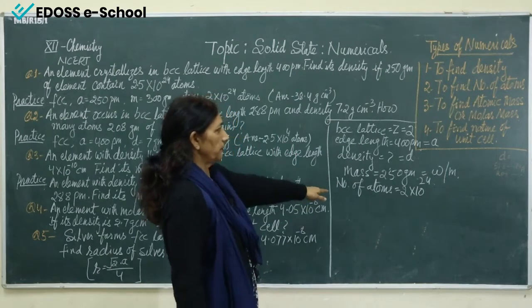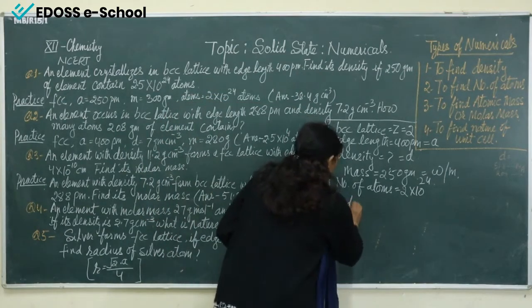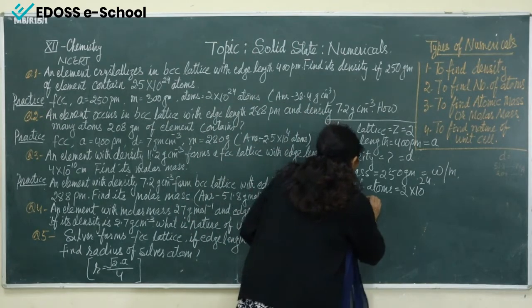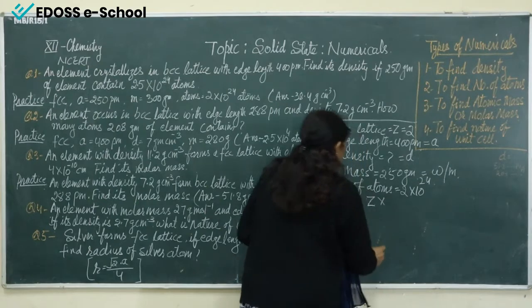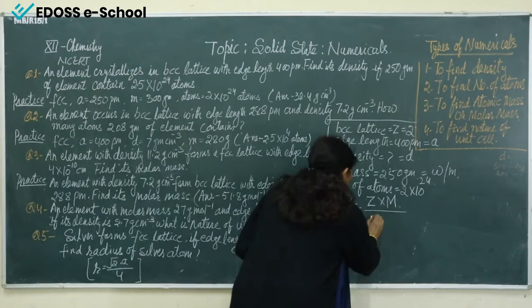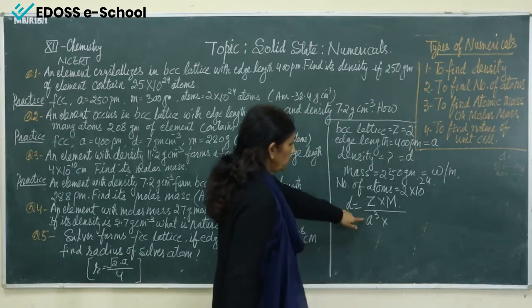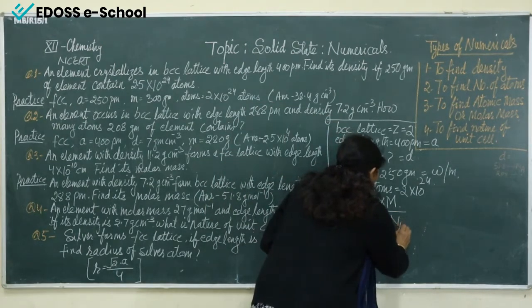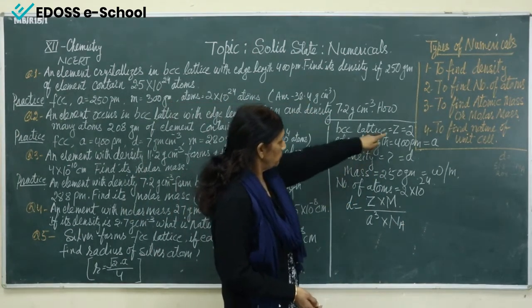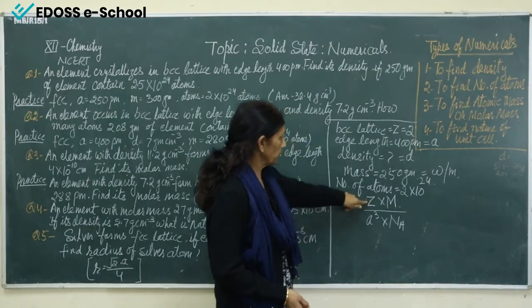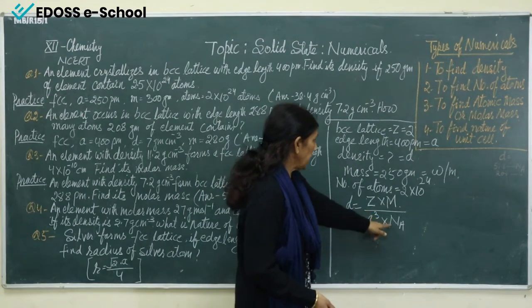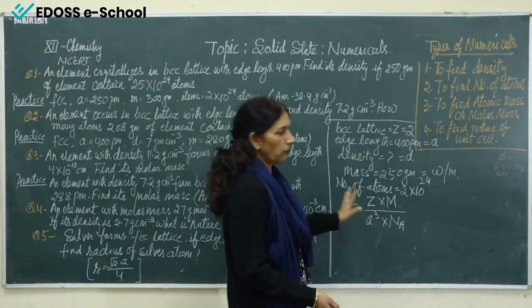So the formula for density is: density is equal to Z into molar mass upon a cube into Avogadro number. Here in this question, BCC means Z is given to us, a is given to us, and Avogadro number Na we already know.